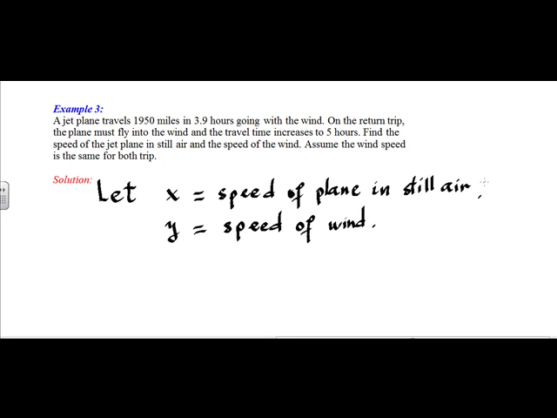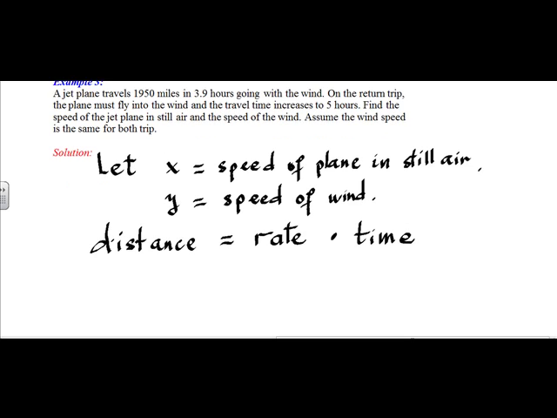Okay. Step 3 is when we try to translate everything into equations. Now we know that the distance is equal to the rate times time. This is what we know.